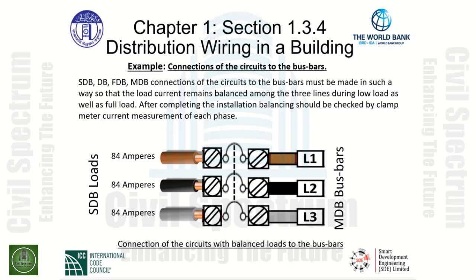The black phase, L2, 84 amperes. And the gray phase, L3, 84 amperes. This comes from my SDB load that is under load, and we've measured it accordingly at the high period of utilization. We also need to measure this at the low period of utilization as well, just to make sure the system is still balanced.